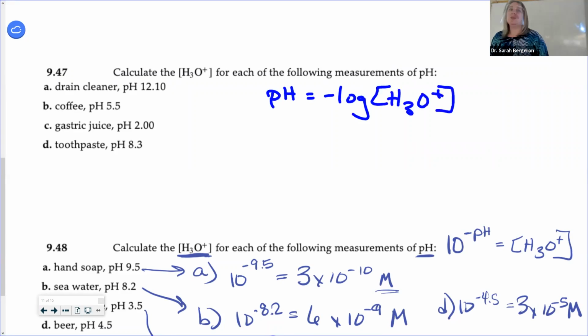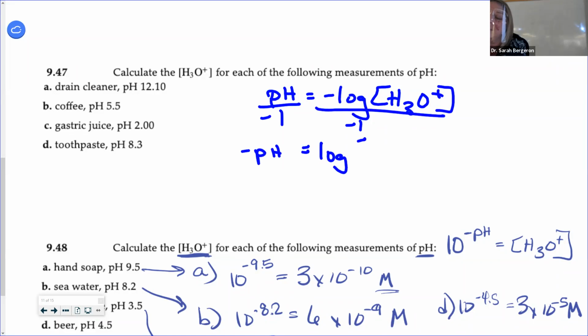Okay, so now in this case, I'm given pH and I have to solve for the H3O plus. So what do I do? I move my negative sign over, right? Because I can divide by negative 1, that gives me negative pH is equal to the log of H3O plus.